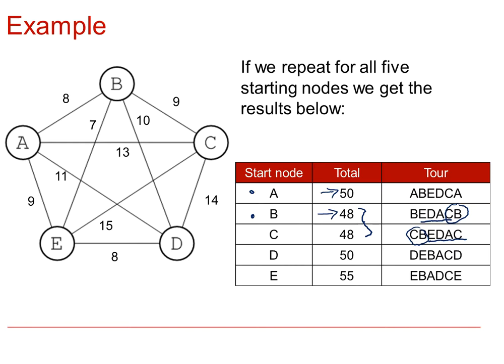If we look at A and D as the starting vertices, they are both of length 50 or weight 50. And although they don't look as if they've got that much in common, if you look at the segment DEBA, you can see that that is ABED in reverse.